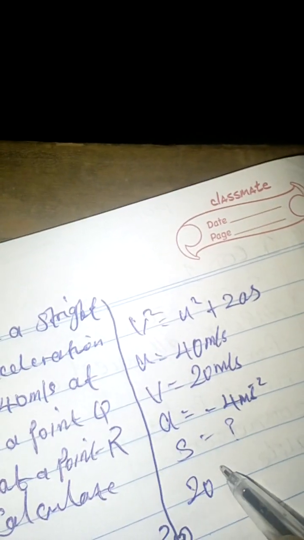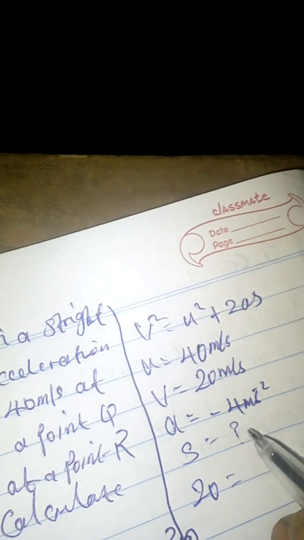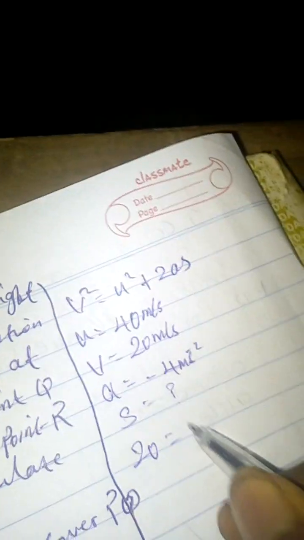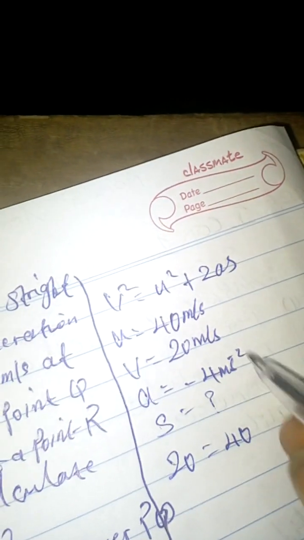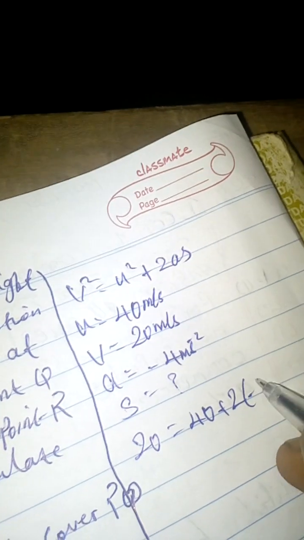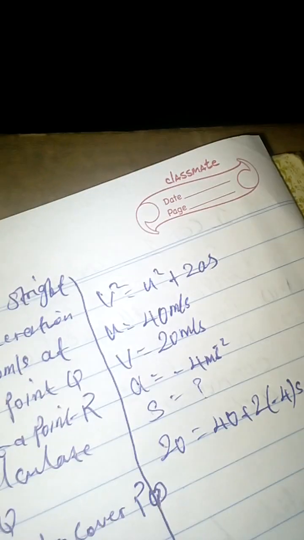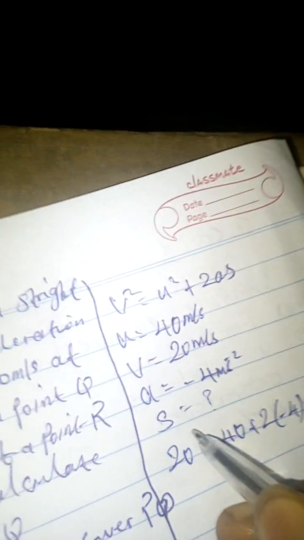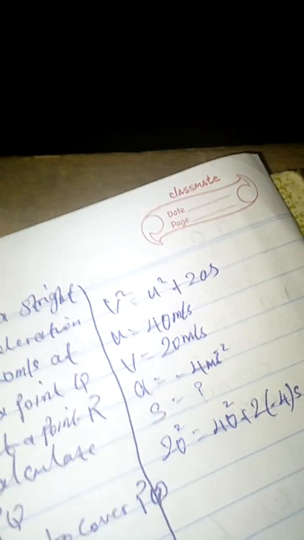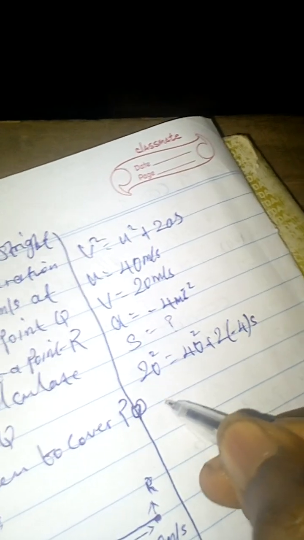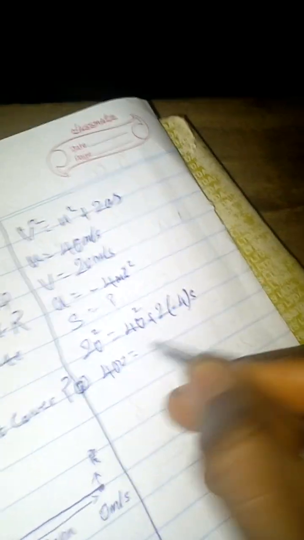Now from this equation we can substitute. V squared is equal to U squared plus 2as. So 20 squared is 400.